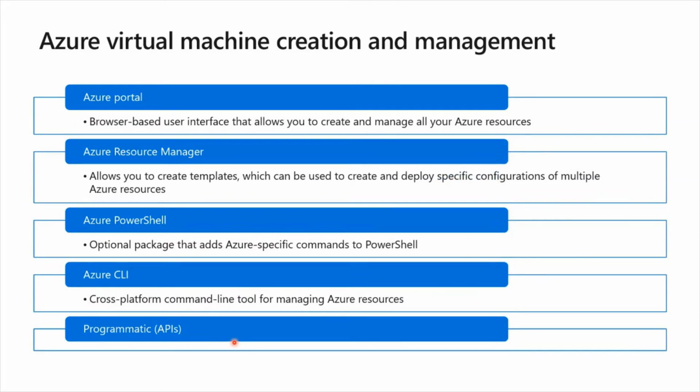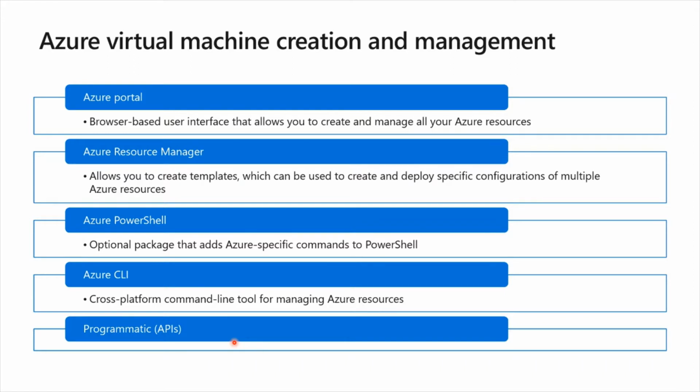So for virtual machine creation and management, we have the Azure portal, which is a browser based user interface, or you can say a web application. You have Azure Resource Manager, so you create an ARM template and you can deploy a specific configuration of multiple Azure resources based on some settings there.